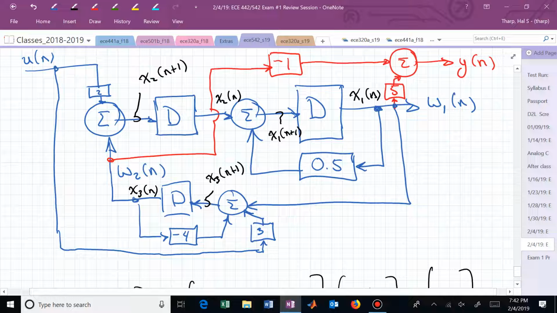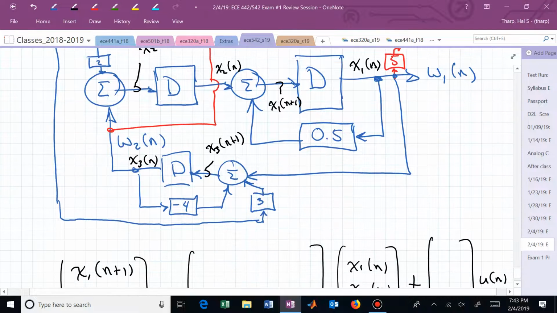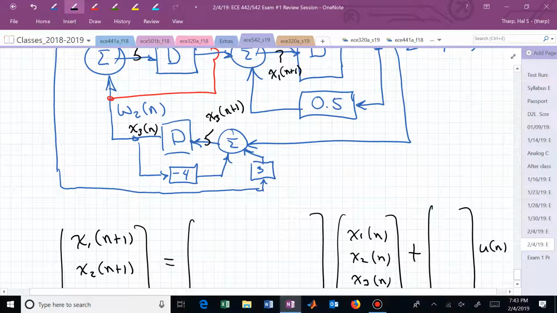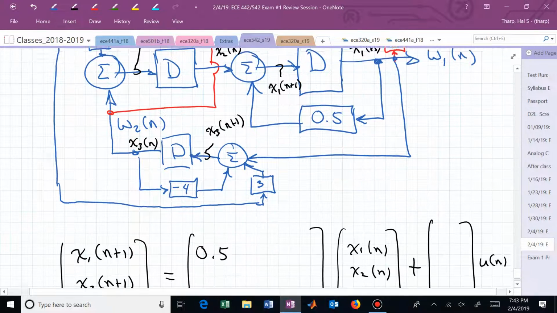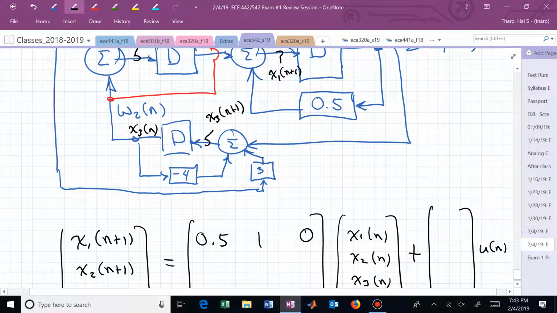What's x sub 1 of n plus 1? Is it 0.5 times x1 of n plus x sub 2 of n and 0 and 0?